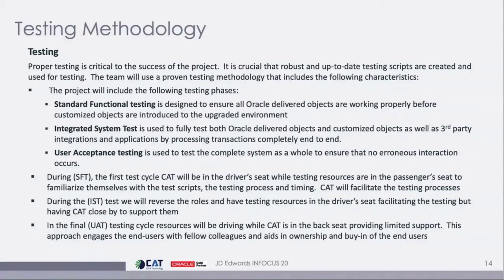Then in our integrated system test, we're going to roll a little bit. We're going to put you in the driver's seat. We're going to be in the passenger seat and help guide you through that process. For the ultimate test, which is our user acceptance test, we want to take a backseat role, and have the end user, the resource on your team that does this on a day-to-day basis, in that driver's seat, just simply to make sure that they can do eight hours' worth of work in an eight-hour day, do that day-in-the-life testing process inside of UAT.